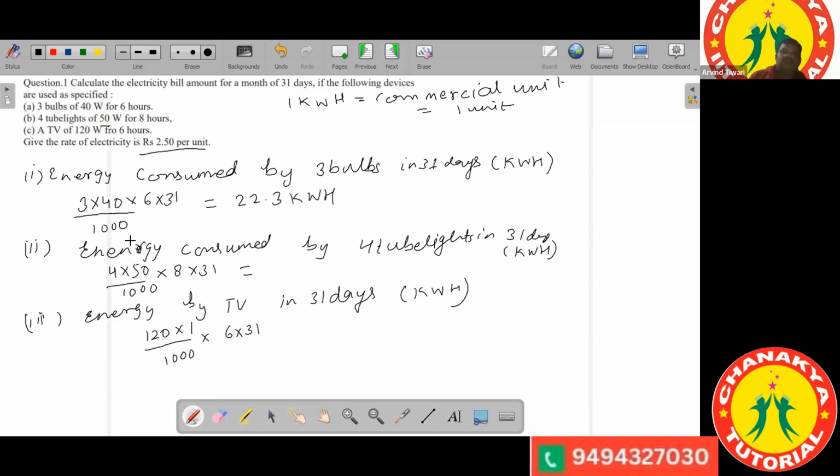No, it's divided by 1000, so it will be 22.3 kilowatt hour. The second one is 4 into 50 into 8 into 31, that is 49.6. Okay. So I think now you can compute this answer.